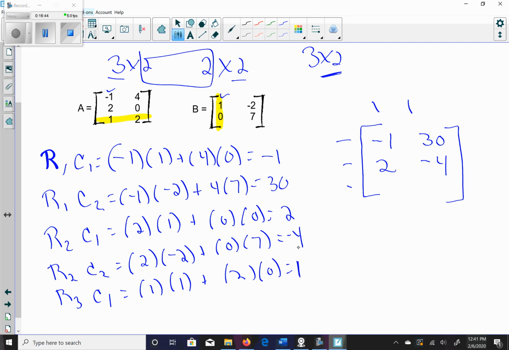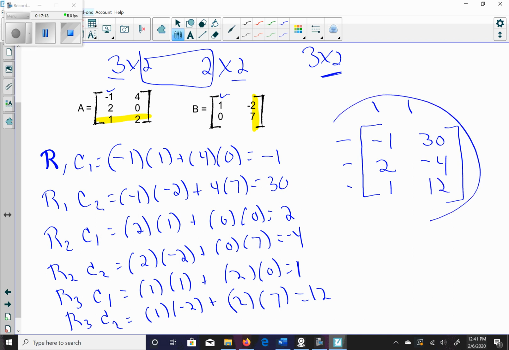So row 3, column 1 will be 1. And finally, I'm going to do row 3, column 2. So shifting that highlighting over, I'm going to do 1 times negative 2 plus 2 times 7. So negative 2 plus 14 will be a positive 12. So row 3, column 2 will be a positive 12.